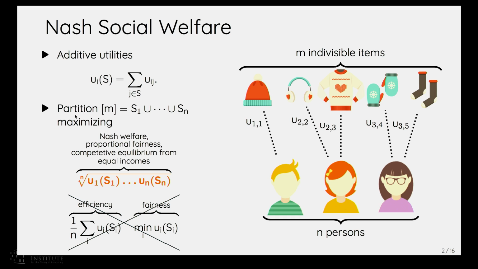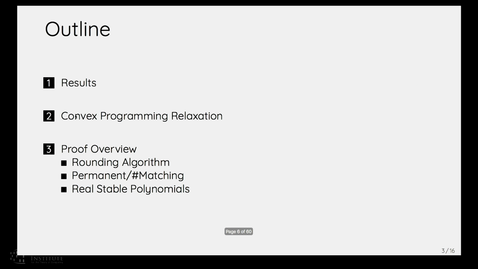This problem is also known as the Santa Claus problem. So this sits somewhere in between and tries to strike a balance between the two. You can also see that by seeing that this is the L1 average, this is the L negative infinity average, and this is the L0 average of the utilities.